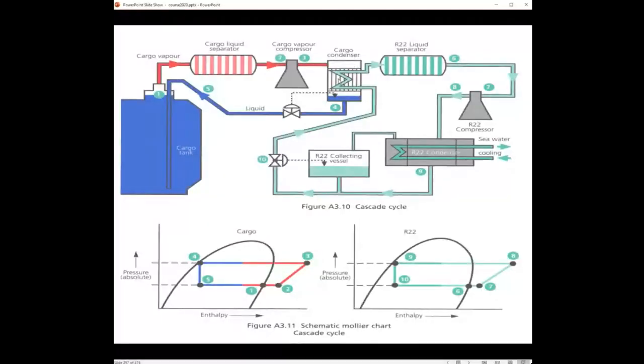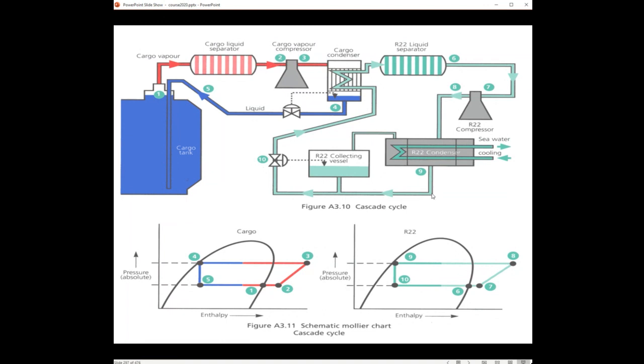So what is coming out here are warm vapors coming from this cargo condenser. And these warm vapors are sent to the refrigerant liquid separator here. And then it's exactly the same system. So they're sent to a refrigerant compressor, to a refrigerant condenser, and in that condenser, we use, of course, seawater.